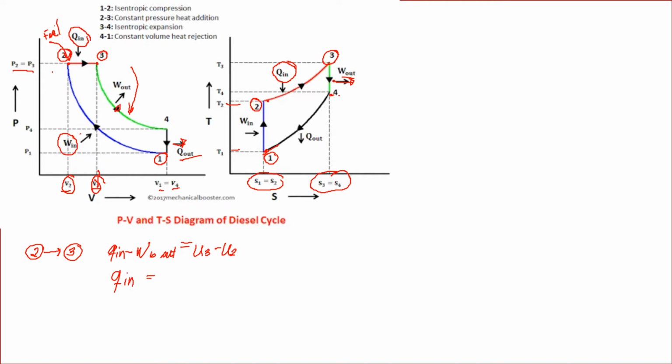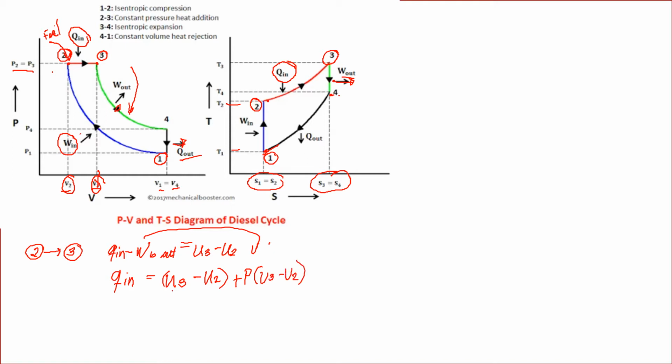If we transfer that here, we will use U3 minus U2 plus P times (V3 minus V2).